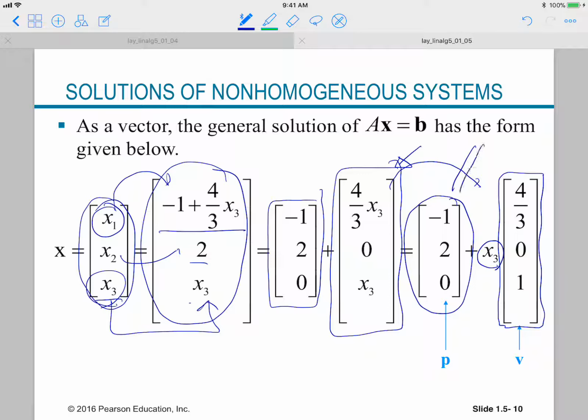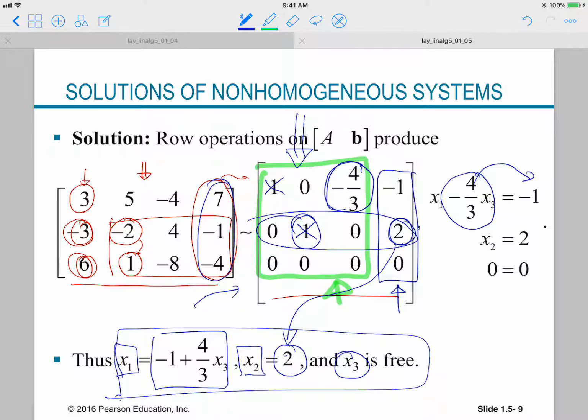So where did this vector come from? Let's try to compare this case, where we had non-zero values for our B part, with the homogeneous version of the linear system.